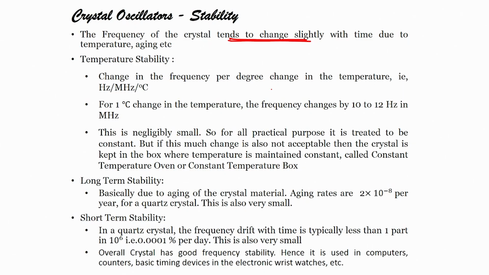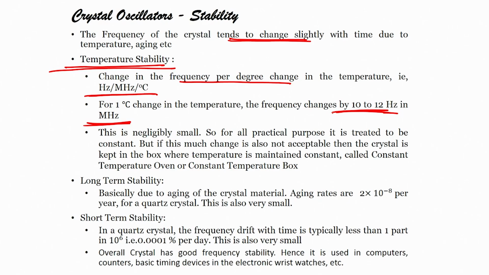So, temperature stability is the change in the frequency per degree change in the temperature, that is hertz or megahertz per degree centigrade. For 1 degree centigrade change in temperature, the frequency changes by 10 to 12 hertz, in megahertz.